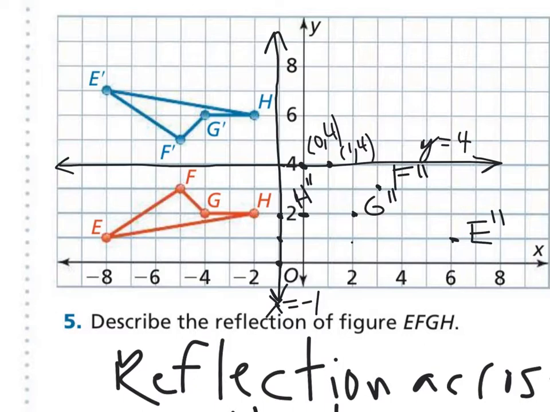And then again, if we connect these points together here, it should look pretty similar to what we have on the other side. It's going to look a little different because it's flipped, but you should see some similarities there.